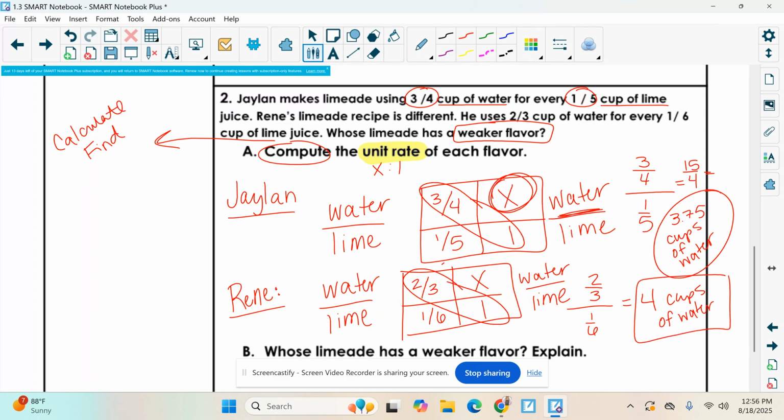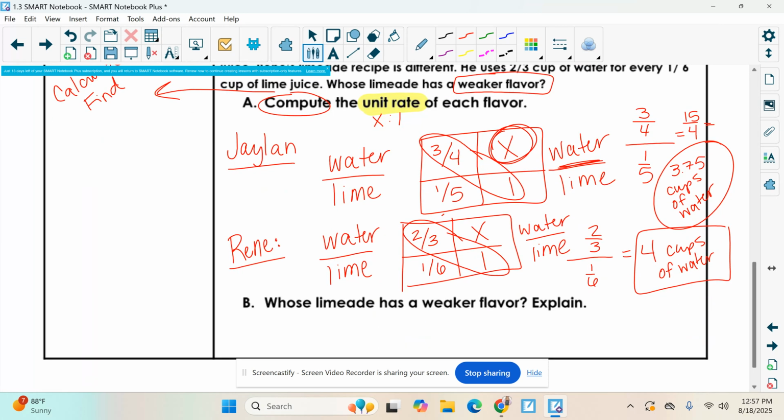So who's going to have the weaker flavor? Who's going to have the most water to water it down? We have 3.75 and we have 4. Which one is more water? Renee has more water. 3.75 or 4? Which one's bigger? 4.